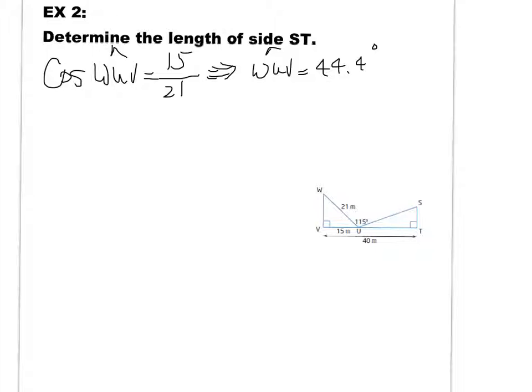Now that I know the angle WUV is 44.4, I know angle VUT is a straight angle, which is 180. So I can subtract 115 and 44.4 to get angle SUT. So I can say the angle SUT is 180 degrees minus 44.4 minus 115.